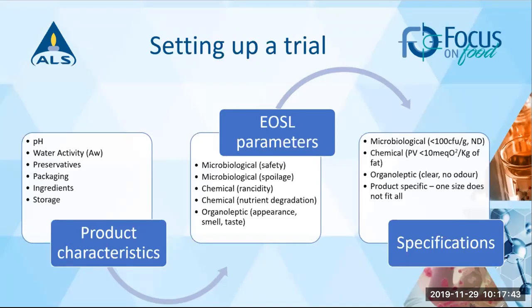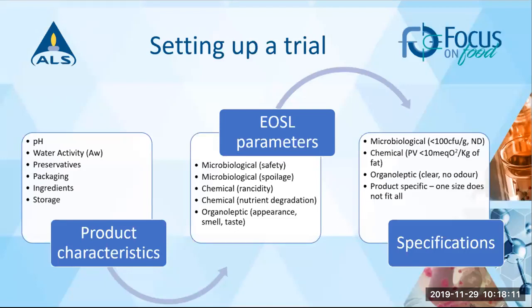The key end of shelf life parameter is that element of the product which appears first to signal the end of the product's acceptability to the consumer. As different people have different tastes and different expectations from products, we need to make this value something that can be objectively measured. So we apply specifications which help determine when the product reaches the end of its shelf life.